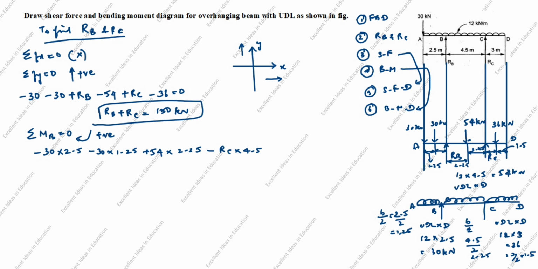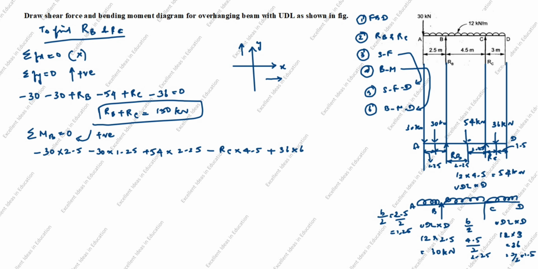Next, you see this arrow comes down from here to here, clockwise. Clockwise is positive. 36 into distance from here to here, 4.5 plus 1.5. So 6, plus 36 into 6.